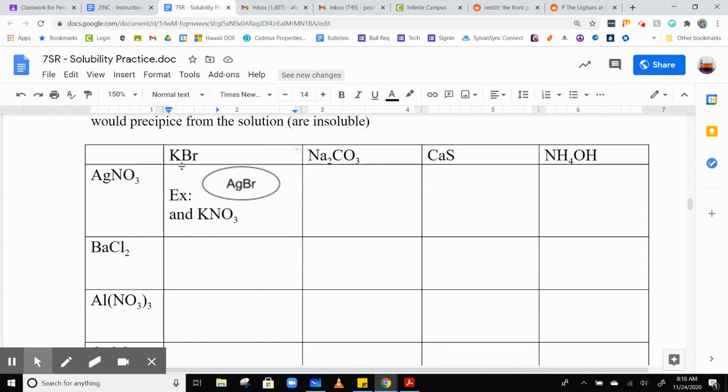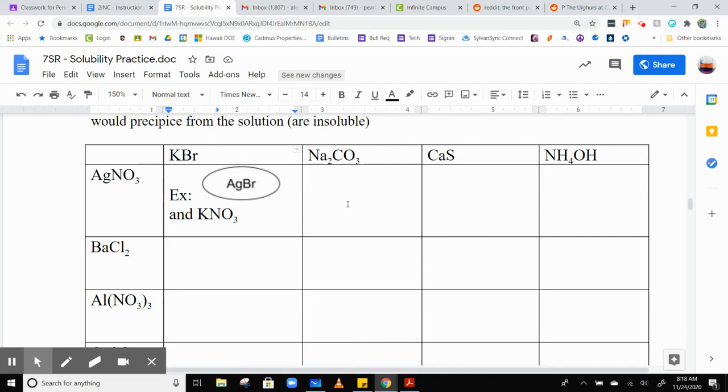So Ag is now going to be with Br, so you get AgBr. And then K is going to be with NO3, so you get KNO3. Okay, so you're just switching. Remember, the cation goes with the anion. So AgBr and then KNO3. So you're just switching the first part of each one.